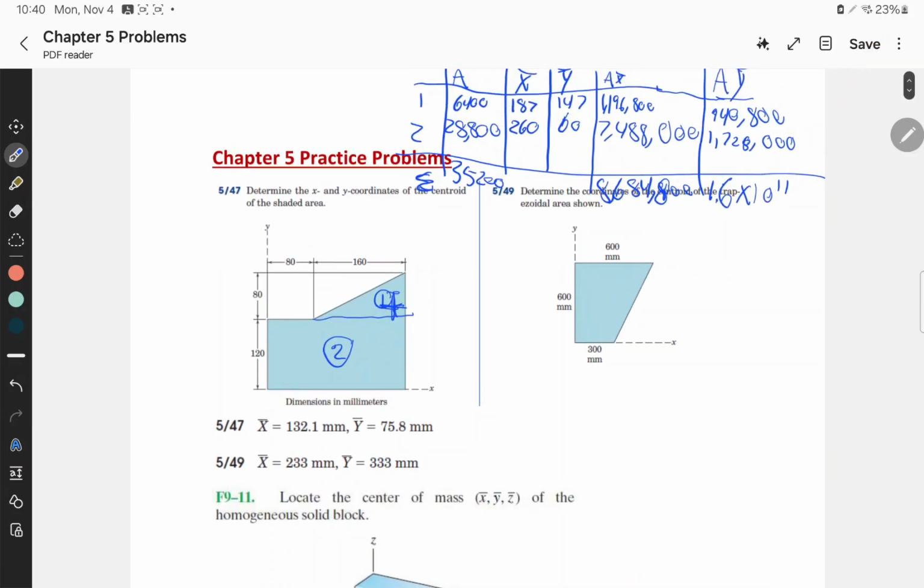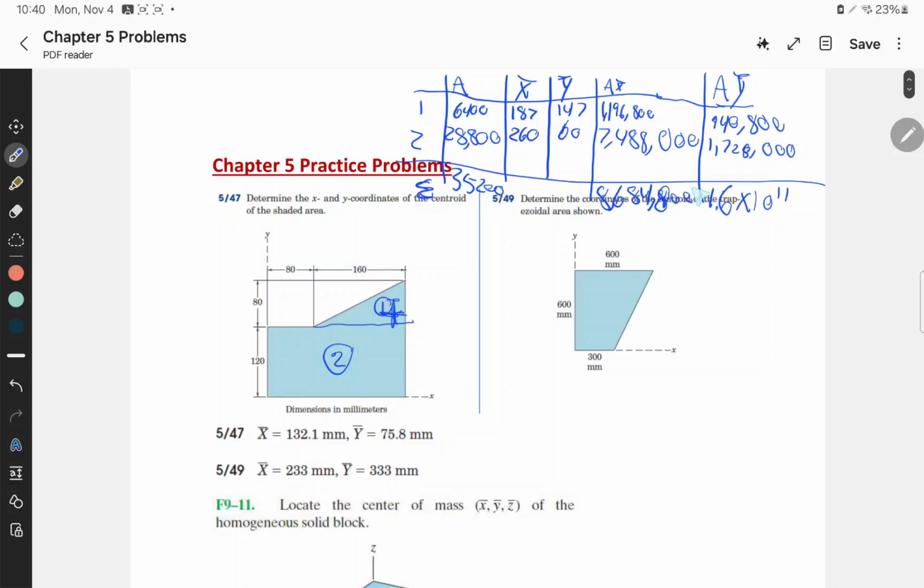To find the x coordinate of the centroid, we'll call it xc, it's going to be the sum of x coordinate times a over the sum of a. And the y coordinate is going to be the same, sum of ya over sum a.